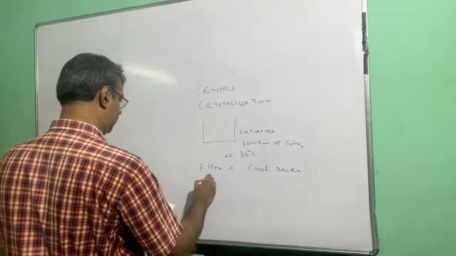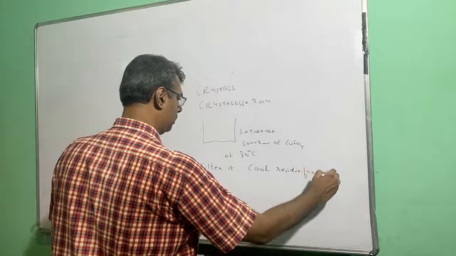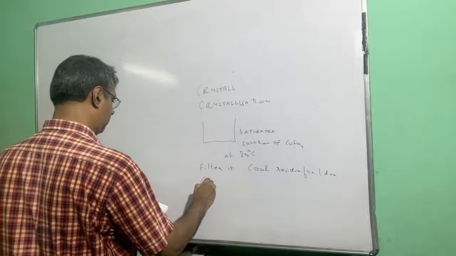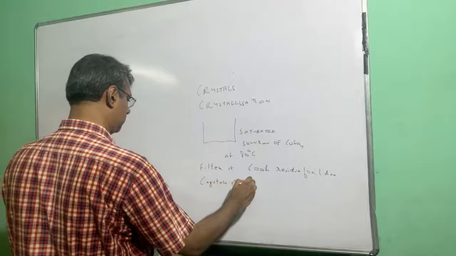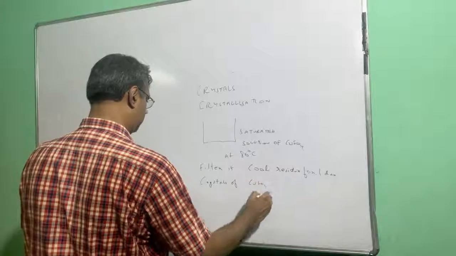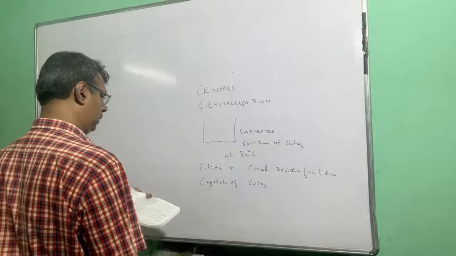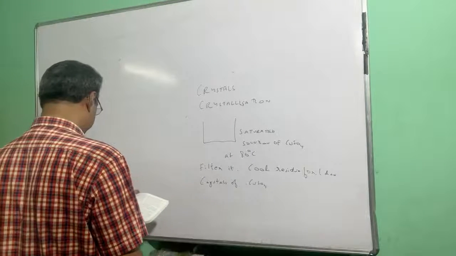After you cool the residue, it will take time. So let's say you cool the residue for 1 day, so after 1 day, you will get crystals of copper sulfate.